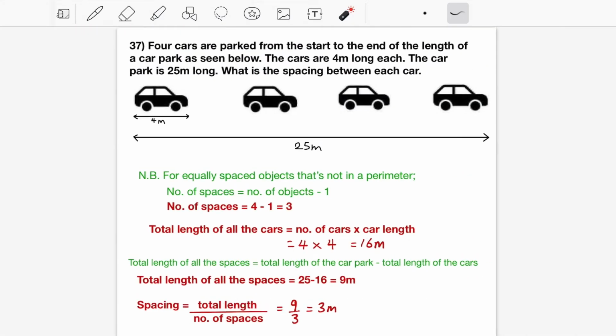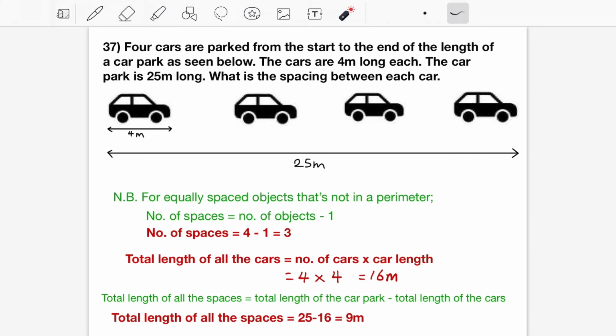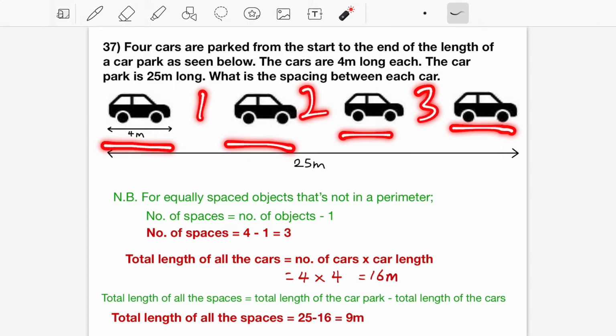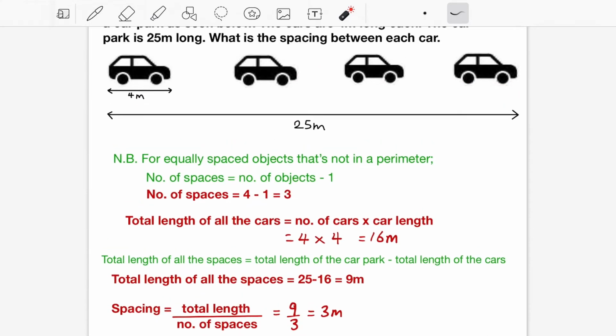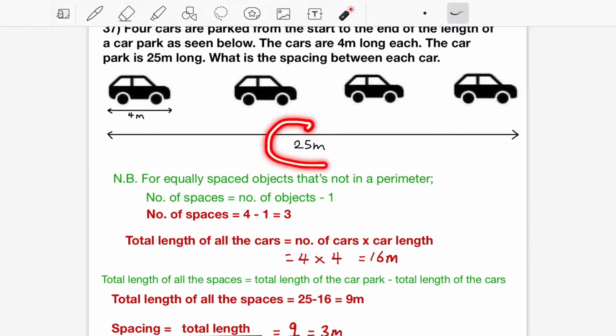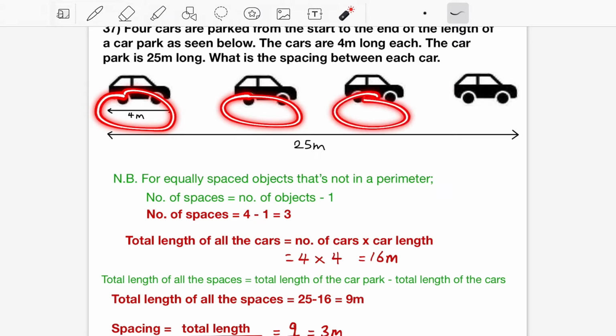Number 37. So we have 4 meter length cars spaced out equally. So we have 1, 2, 3 spaces. So we must divide the total distance by this remaining space here. So if we add 4 plus 4 plus 4 plus 4, that's 16.